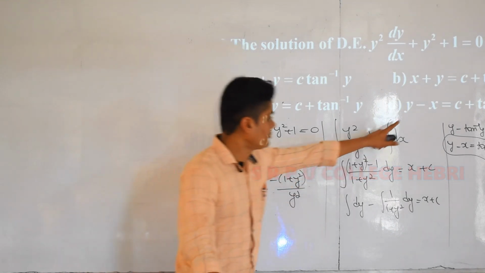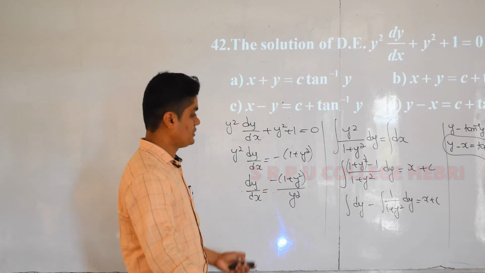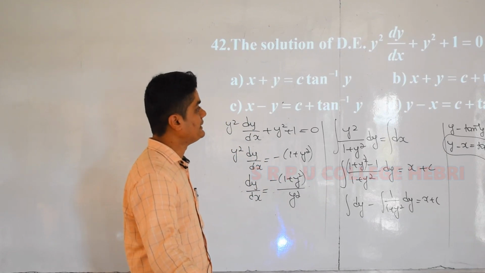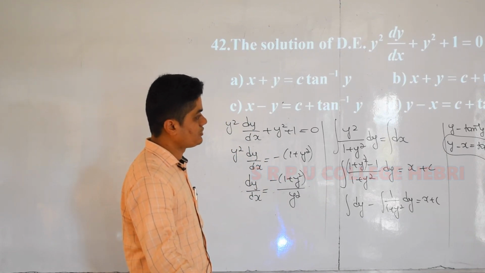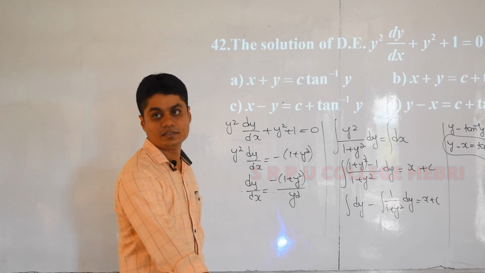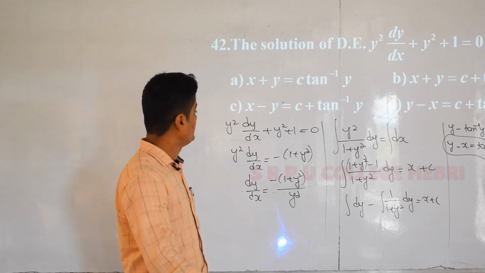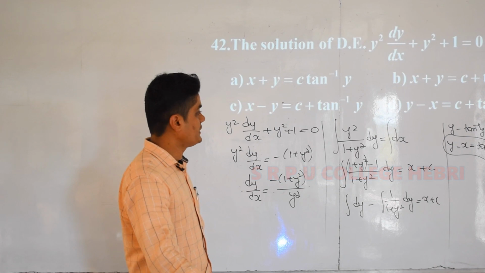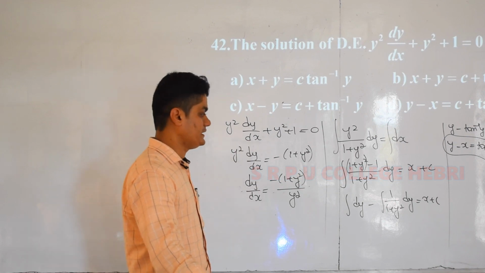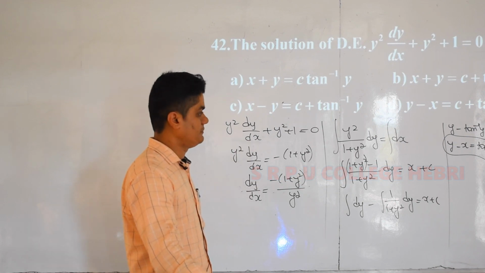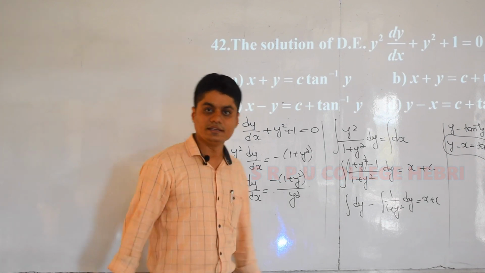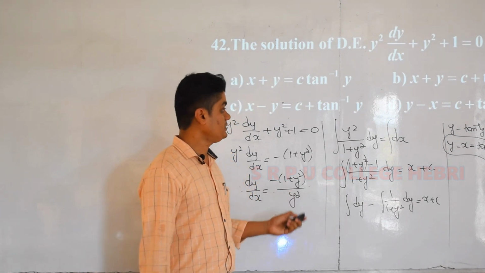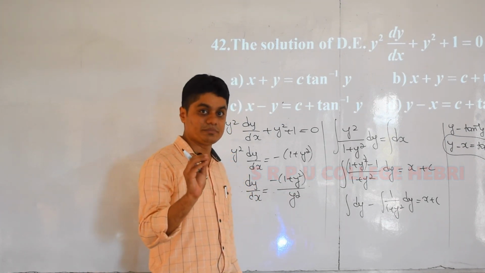Where is it? It is in option D, right? So the answer is option D: y minus x is equal to c plus tan inverse of y. There is no chance of it being x minus y; it should be y minus x. Perfect. So the answer is option D. Understood? Remember this is the variable separable method.